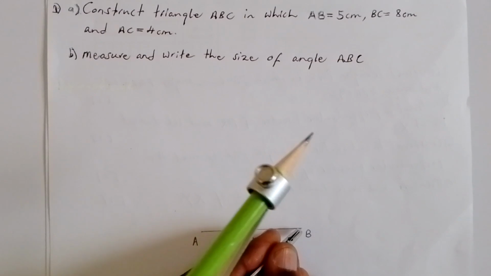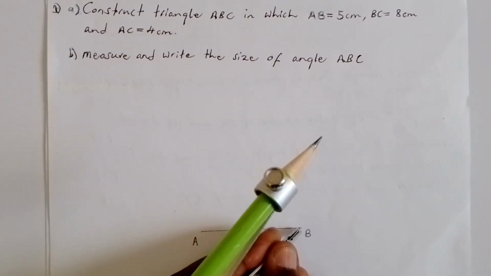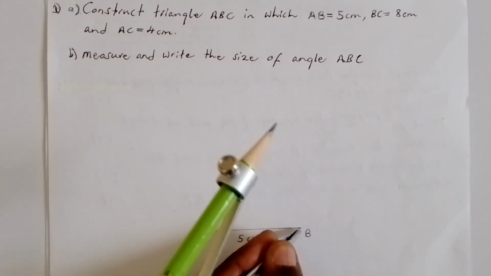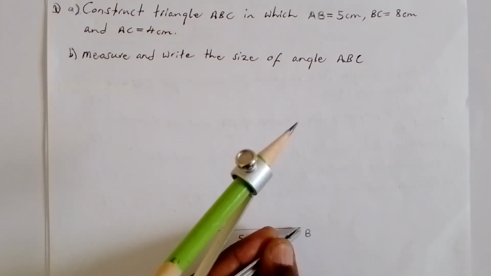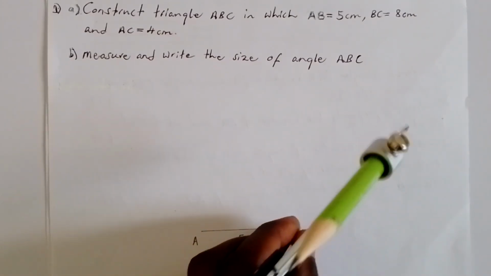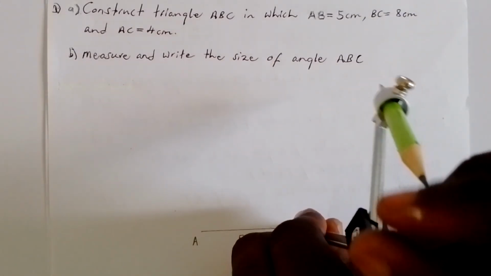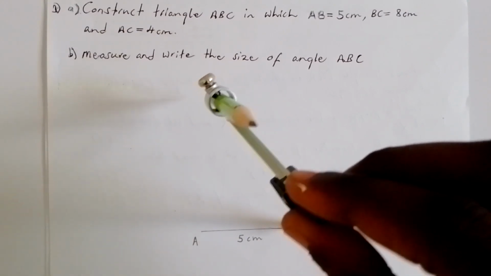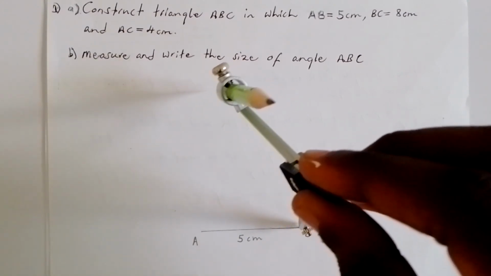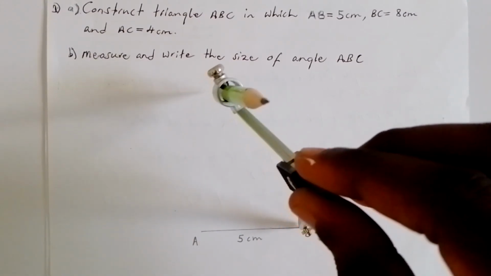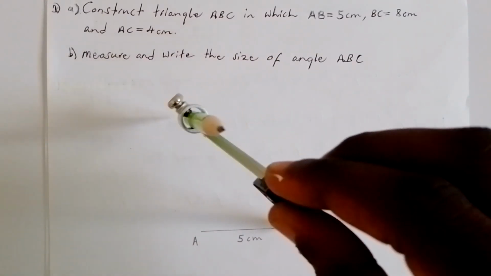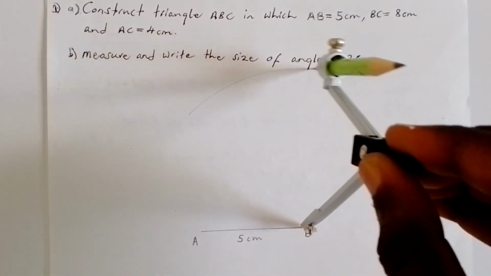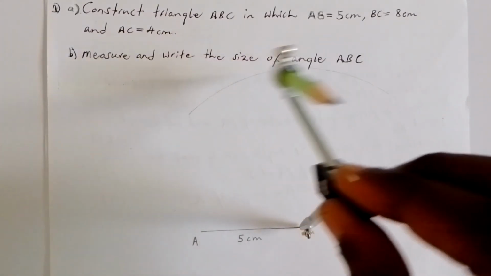So I'm going to fix my compass pointer at that end there, then I construct an arc.